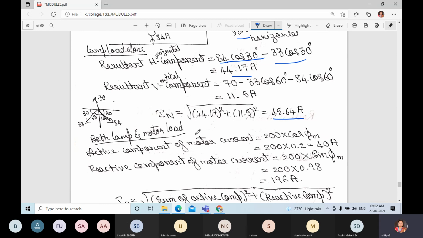Both lamp and motor load. Active component of motor current and reactive component of motor current. The active component is 200 into cos phi m, and cos phi m is 0.2. When you multiply, you will get 40 amps.